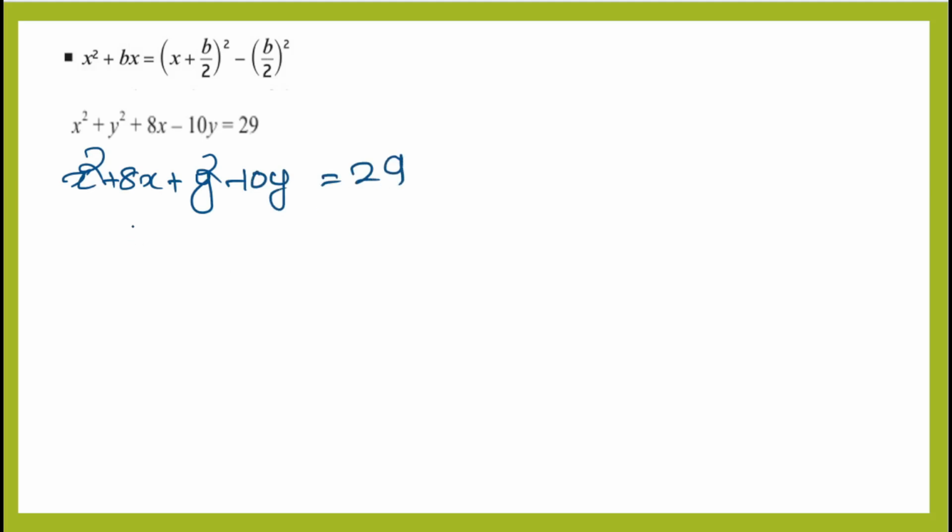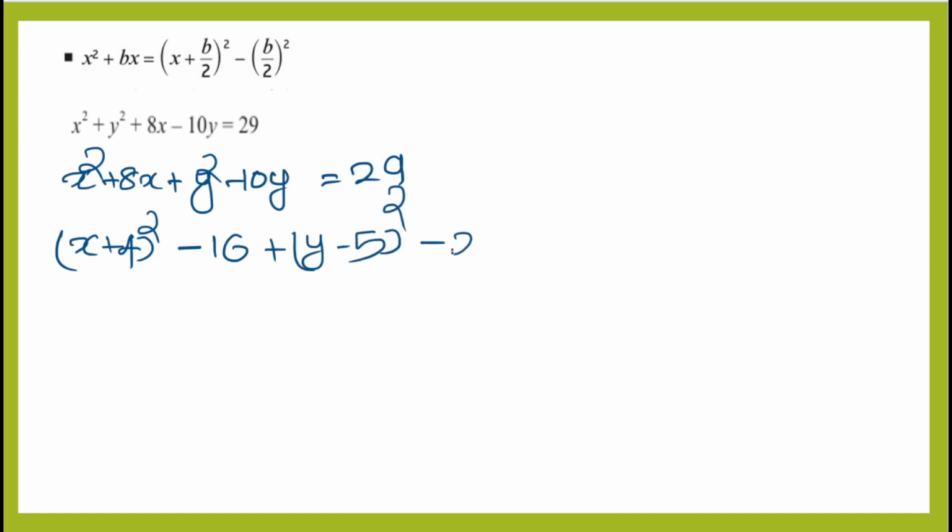Now convert the x square plus 8x into square form by using completing square method. That is (x plus 4) the whole square minus 4 square plus (y minus 5) the whole square minus 5 square equals 29.